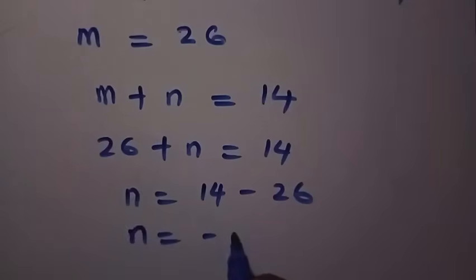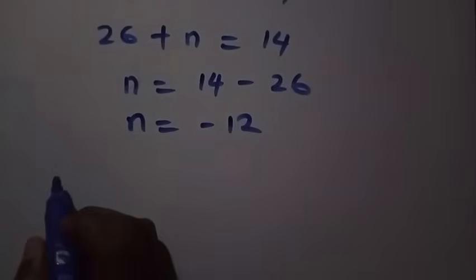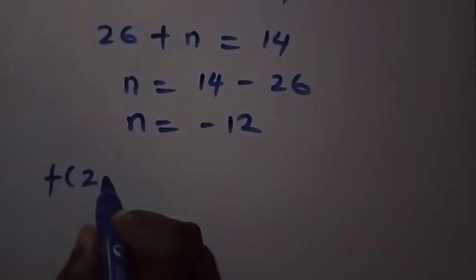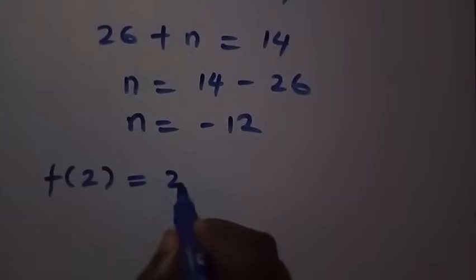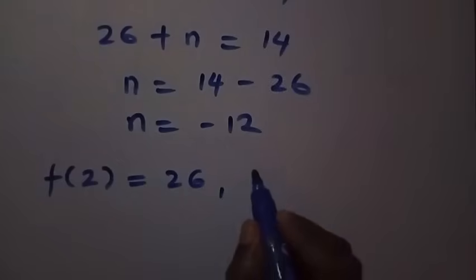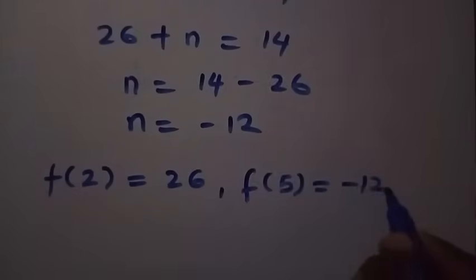Therefore our n is minus 12. And hence, since we have m and n already, we have our f of 2, which we let be m initially, equals 26, and f of 5 equals minus 12.